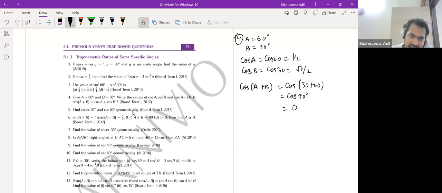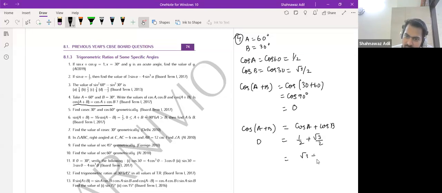In this question they are asking whether it is true or not that cos of A plus B equals cos A plus cos B. So this is 0, and this is 1 by 2 plus root 3 by 2, which is root 3 plus 1 by 2, which is not equal to 0.